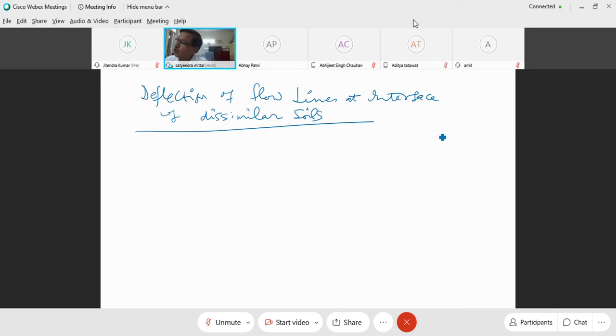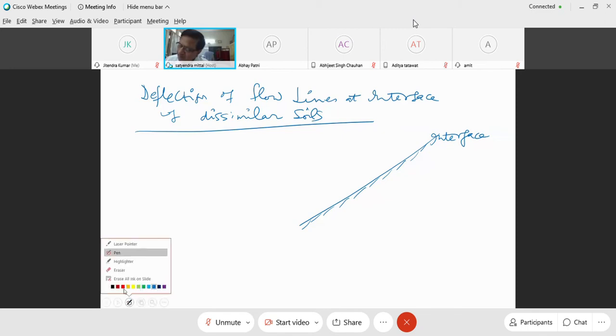So let us say this is an interface. This is the interface. And these were the flow lines.